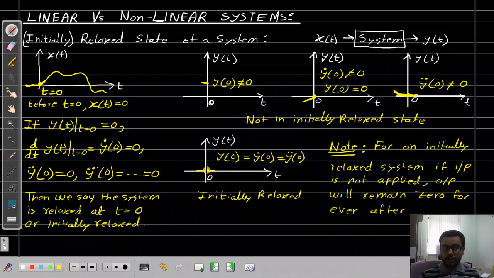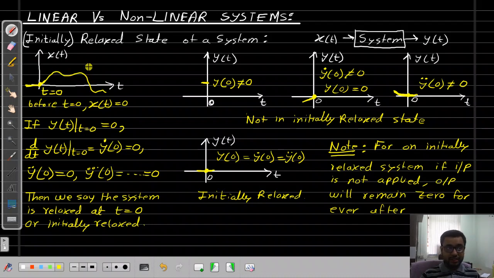Because output is already 0, its slope is 0, so it is not going to increase after a while. Its second derivative is 0, so even the slope is not going to change. All other derivatives are 0, so output will remain 0 unless and until this input comes.